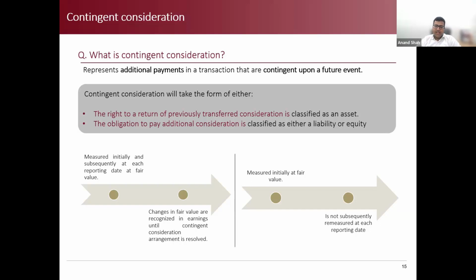It can be classified as either a liability or equity. When a contingent consideration is to be settled in cash at a future date, it's essentially a liability. If it is settled by way of issue of equity shares, then it's classified as equity. When it's a liability, such contingent consideration needs to be fair valued at every reporting date.